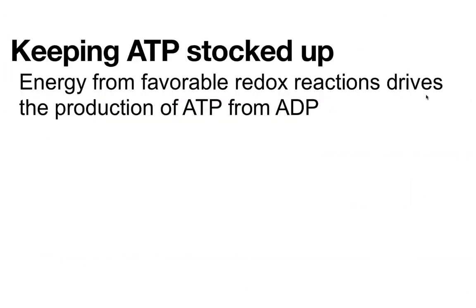And so our cells are going to keep ATP high, but not too high, because if it's too high, it's going to be going off all over the place, and it's even harder to make more. So we're going to have a fairly constant level of ATP that's ideal, and it's going to be far from equilibrium. So we're strongly favoring the ATP over the others.